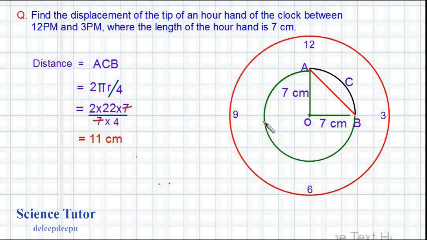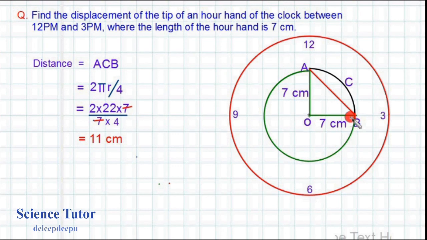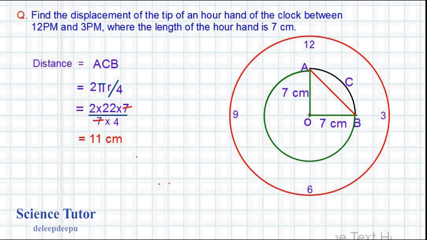If we want to find the actual path covered by the tip of this hour hand, we have to consider the total circle here. Now you just consider ACB. ACB is the part of a circle. That means it's the 1/4 of the circumference of that circle. So you know the formula for circumference is 2 pi r.